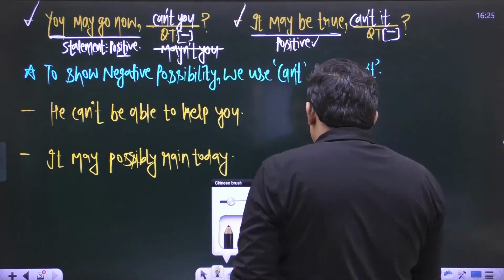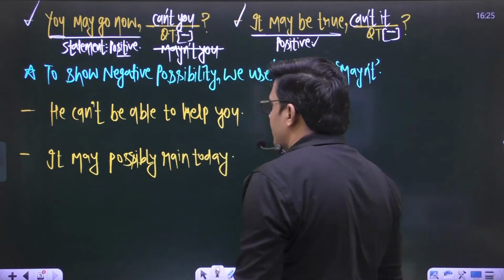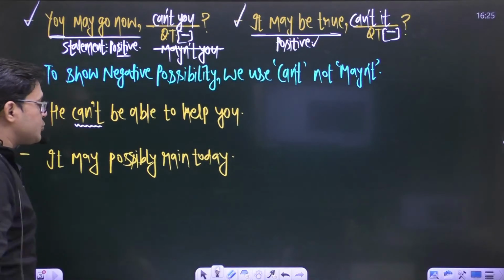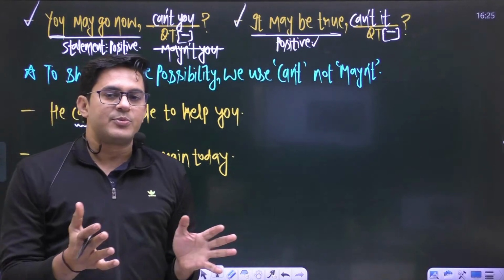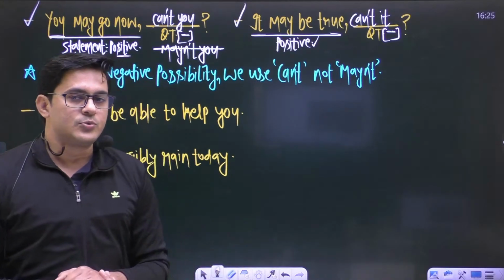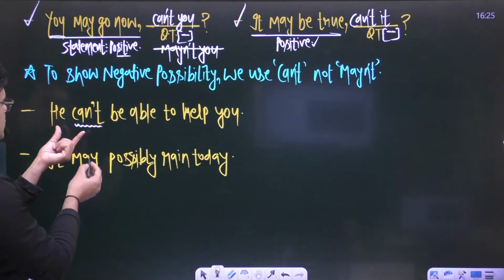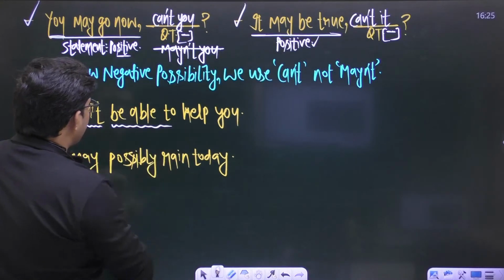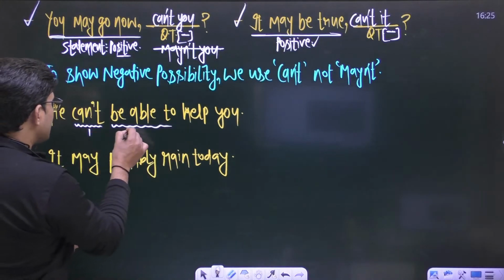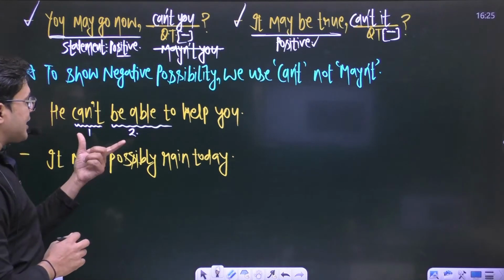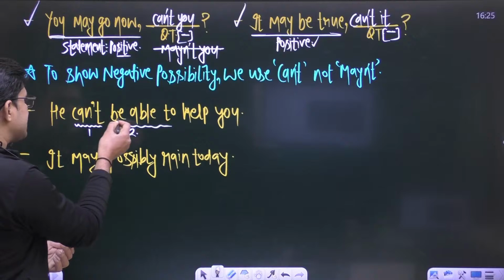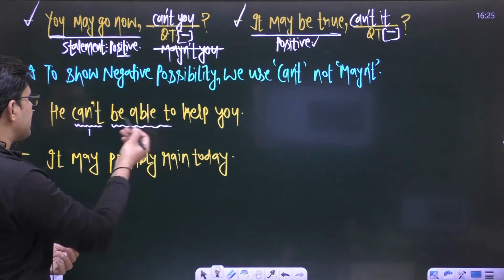Okay. Let us understand. As we know it very well, this modal can is used to show the sense of be able to. In this sentence, you have a modal can as well as be able to. And the concept is what? Two modal auxiliary verbs cannot be used together in a sentence. The meaning of can is something like be able to.